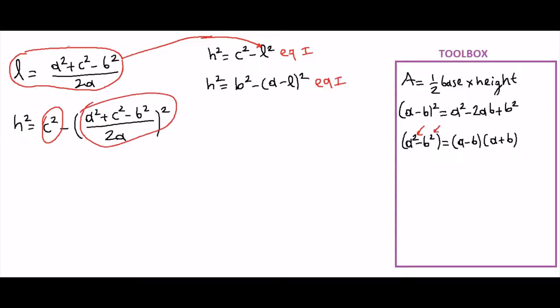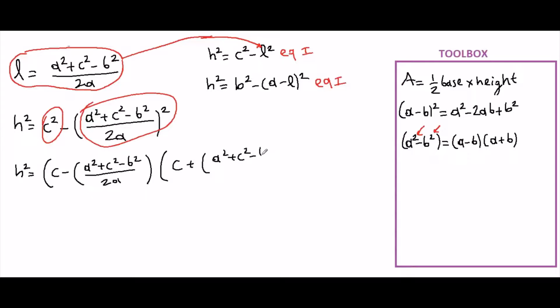So h squared is equal to c minus everything, times c plus everything. Now we can merge this fraction and c, similarly this fraction and c.